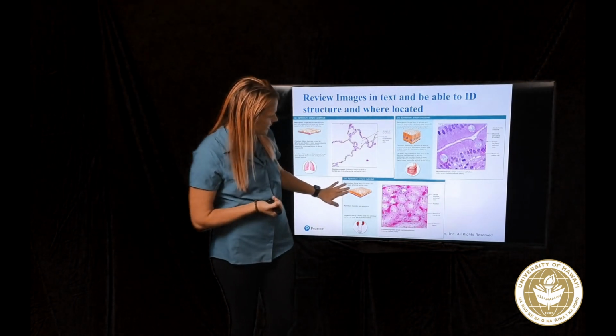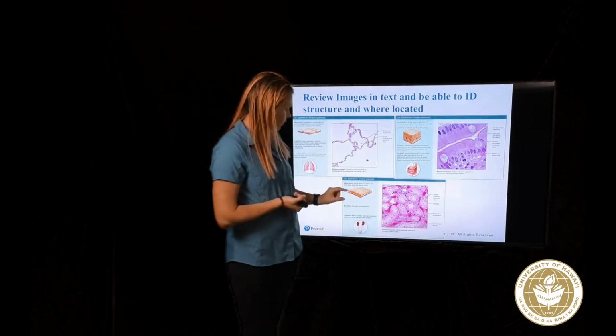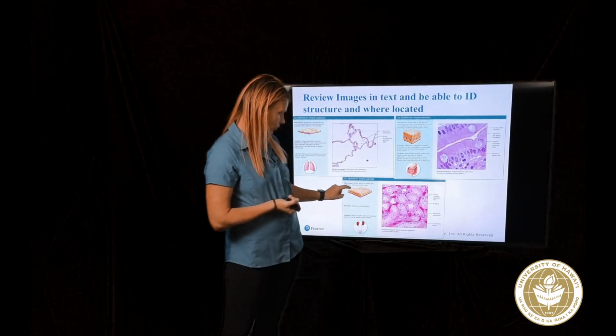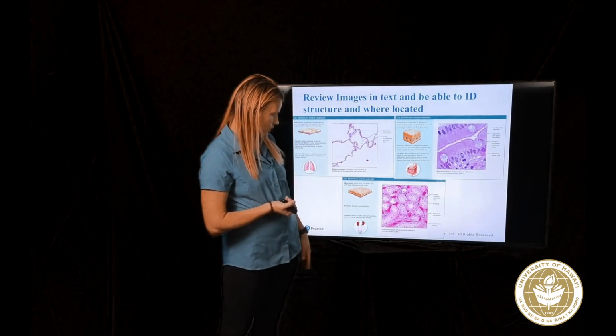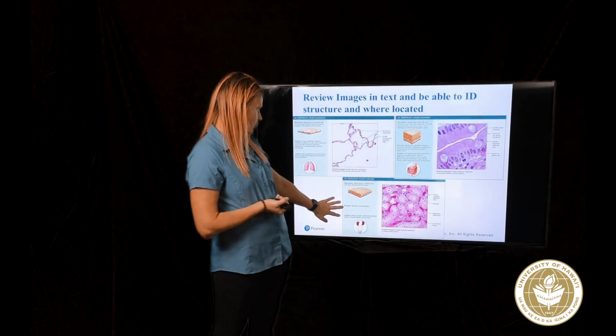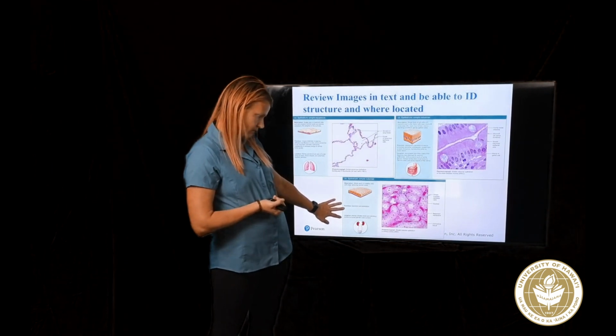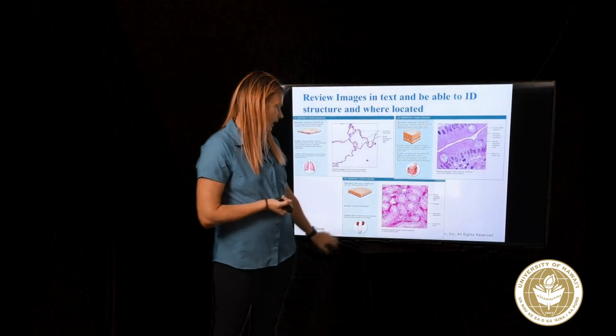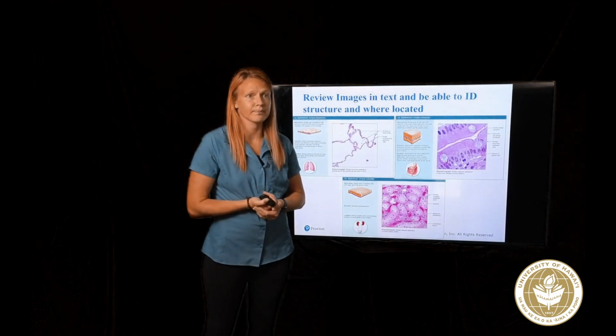So you can see here again, simple, meaning just one layer, cuboidal. They have kind of cube-like cells, very large nucleus, good for secretion and absorption. So that's why we find them in our kidneys.